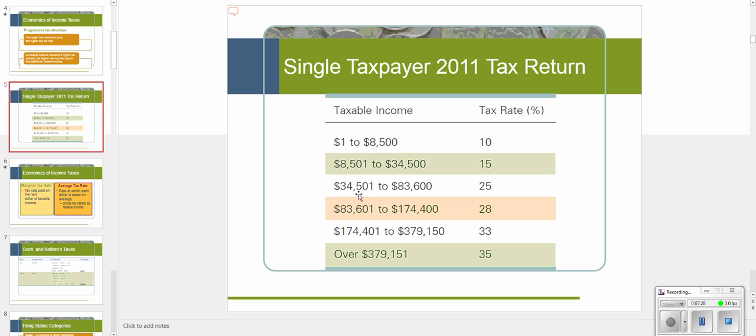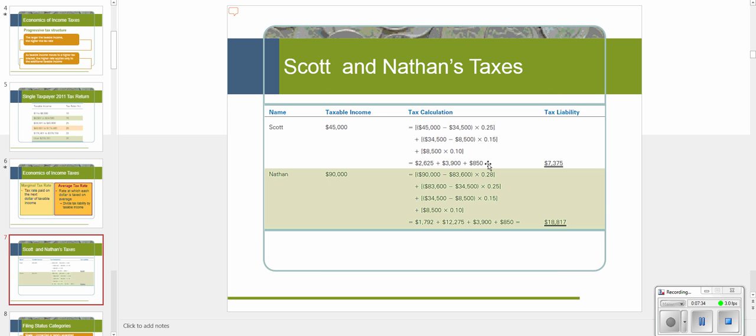And it's only going to be 45,000 minus 34,501. Okay? And that gives you 45 minus 34,501 times 25%. His tax is $73.75. Okay? Now, that is his tax liability for the year. You don't pay that all at one time unless you only get paid once a year. You pay that as you're paid throughout the year.